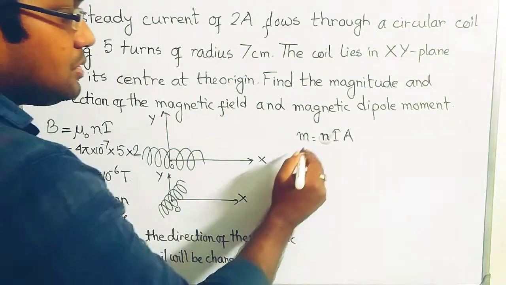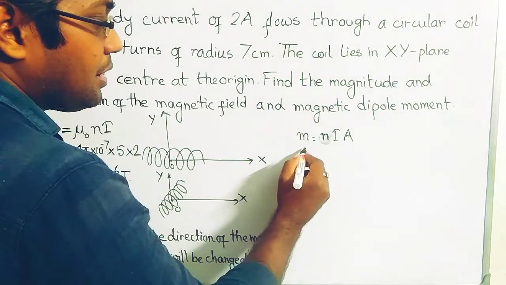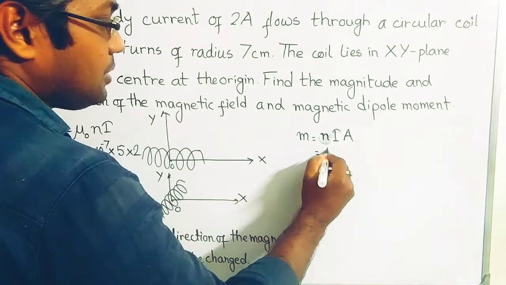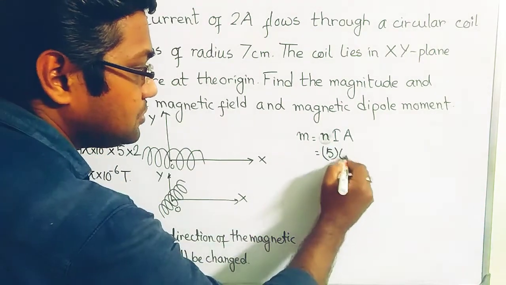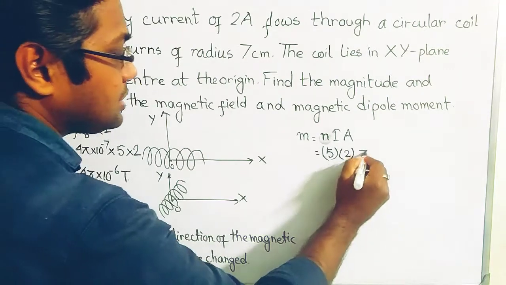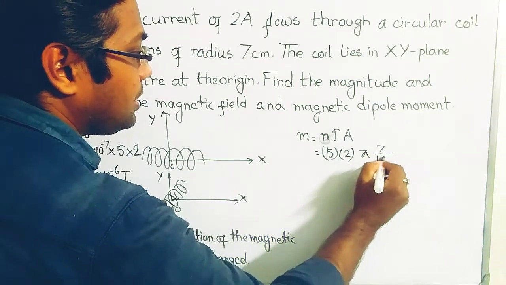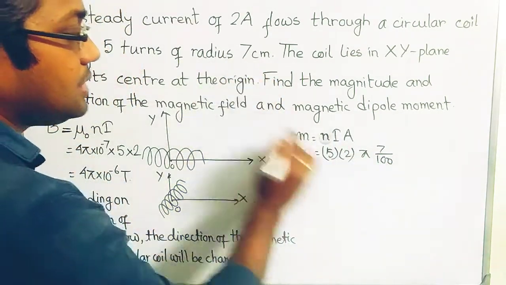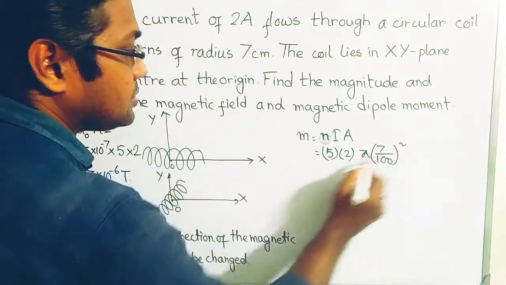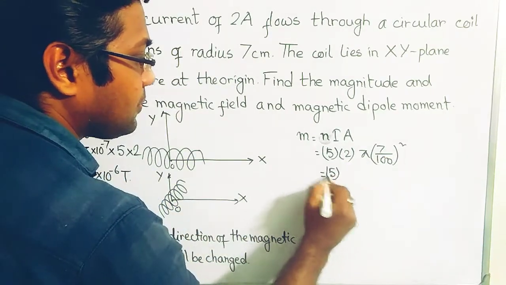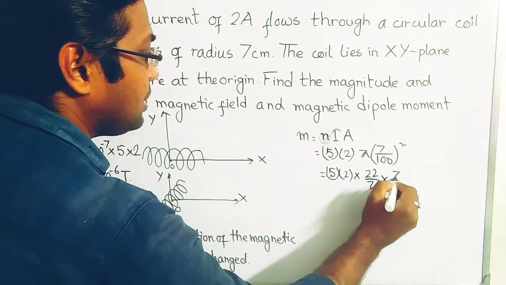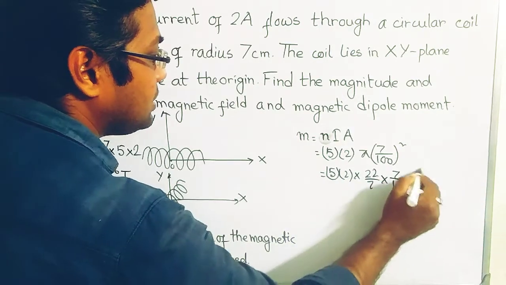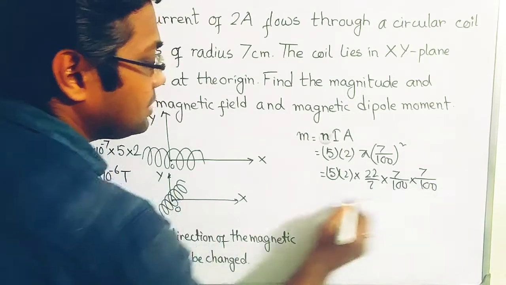Okay, so here if I put the value of N, that is 5, the value of the current is 2, the area is pi into 7 divided by 100, because radius is given in centimeter, squared. So it will be 5 into 2 into 22 divided by 7, into 7 divided by 100 into 7 divided by 100.